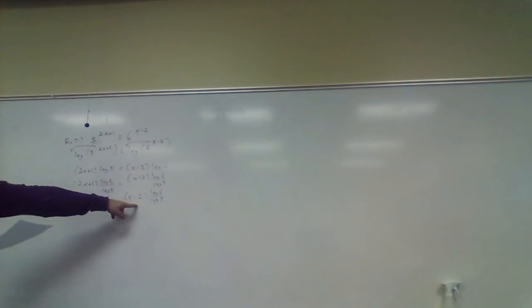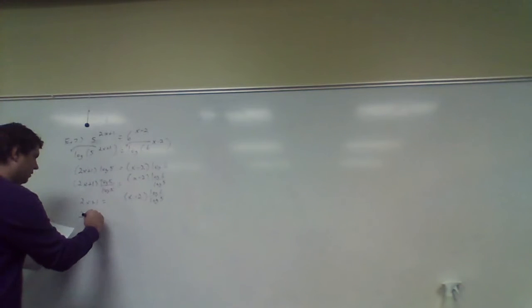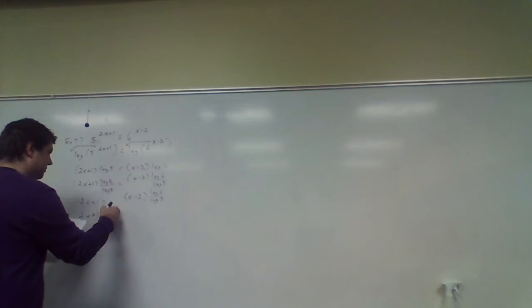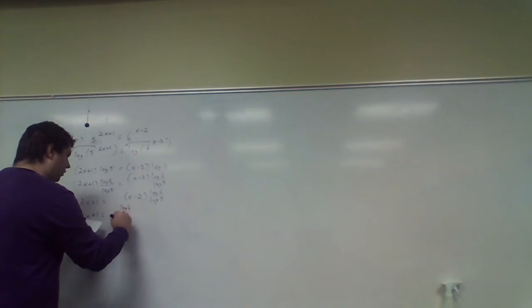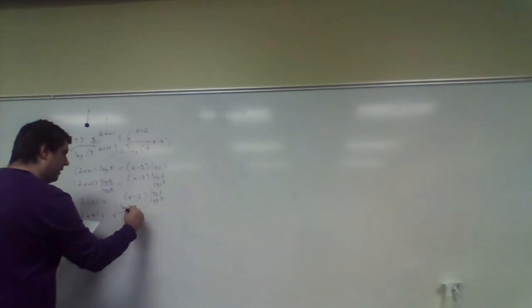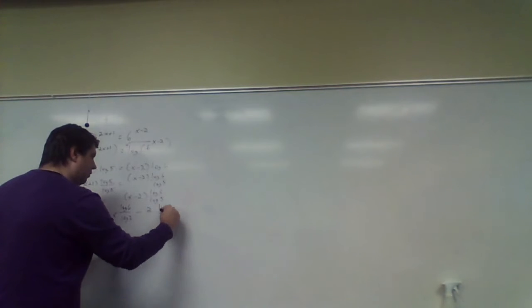Now, what you need to do next is get these x's to one side, like your written copy tells you to do. So to do that, you need to distribute this out. So you'll have 2x plus 1 equals x times log 6 over log 5, because it's this times this and this times this in a distributive property, minus 2 times log 6 over log 5.